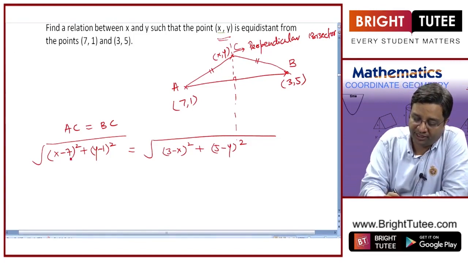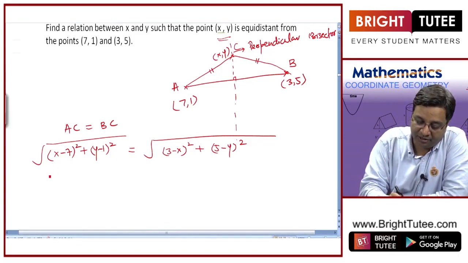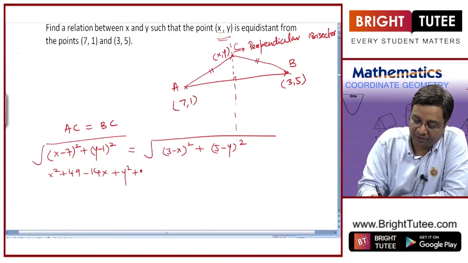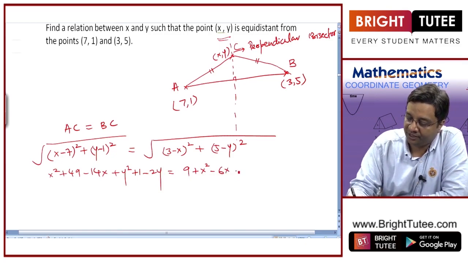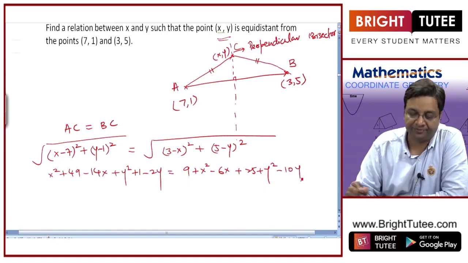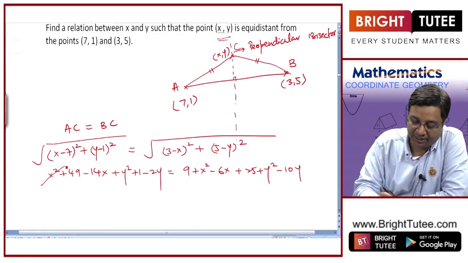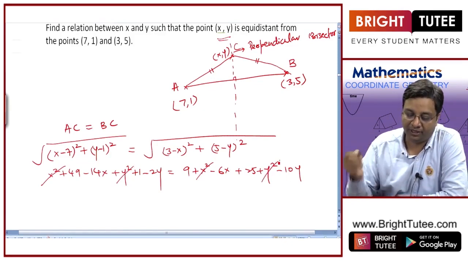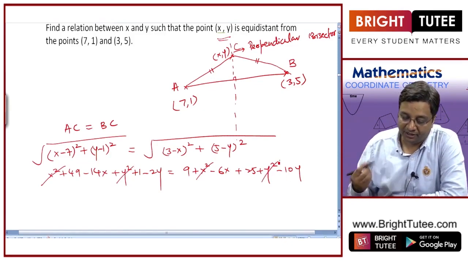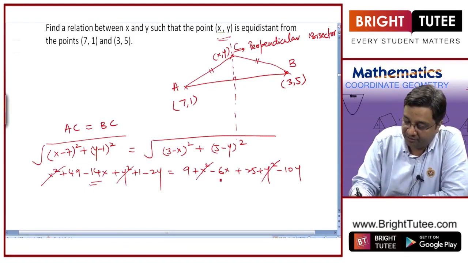So square both sides and open these brackets. So x minus 7 square will be x square plus 49 minus 14x plus y square plus 1 minus 2y is equal to 9 plus x square minus 6x plus 25 plus y square minus 10y, right? So you notice that x square is cancelled with x square, y square is cancelled with y square here, right? This is minus 14x, this is minus 6x.